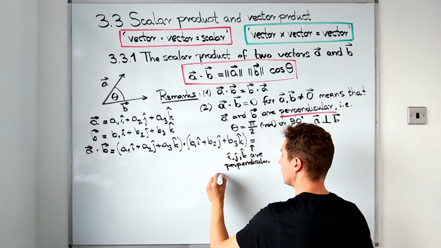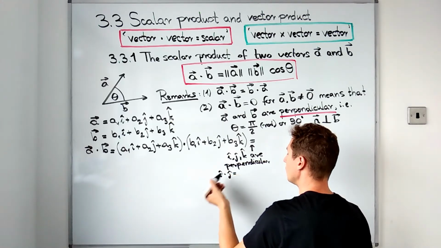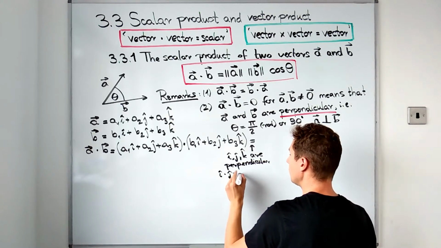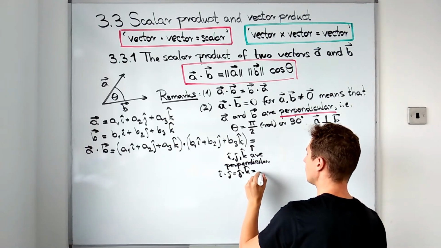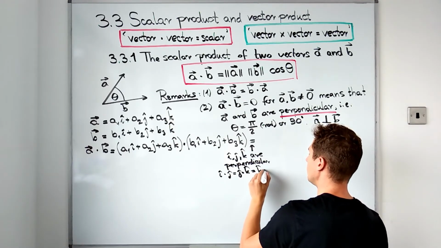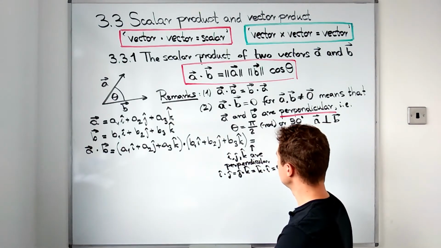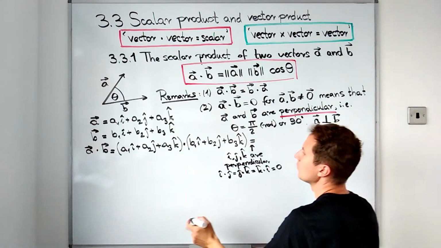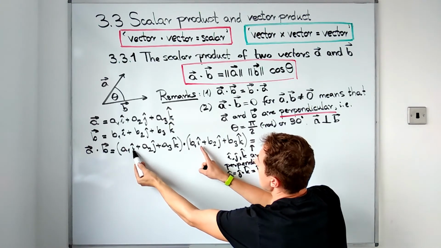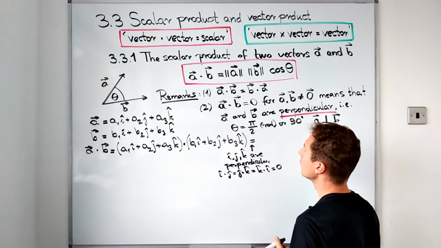Which means that i hat has the dot product with j hat being 0, and similarly j hat with k hat gives us 0 as its scalar product, and finally k hat with i hat gives us 0. So these scalar products are all 0, which means that the only terms that remain are the terms where we multiply i hat by itself, j hat by itself, and k hat by itself.